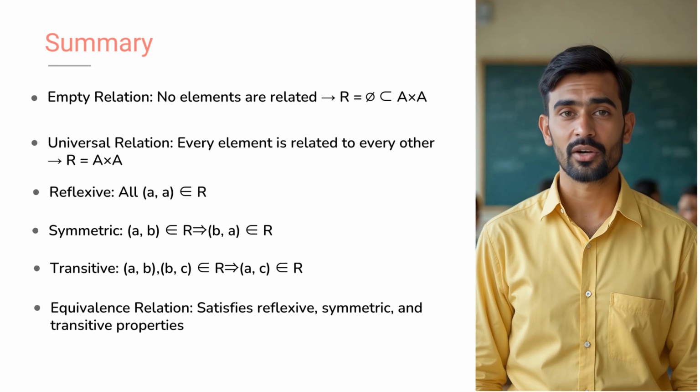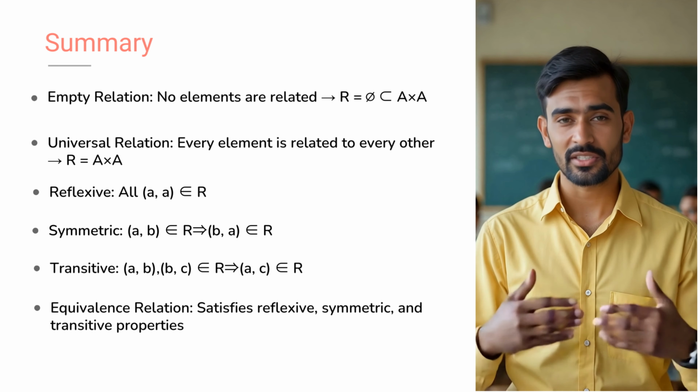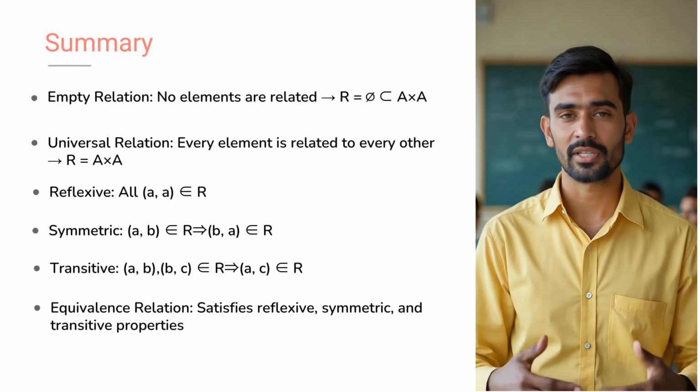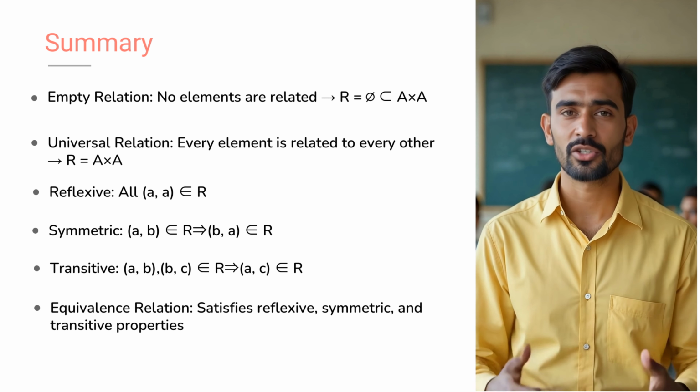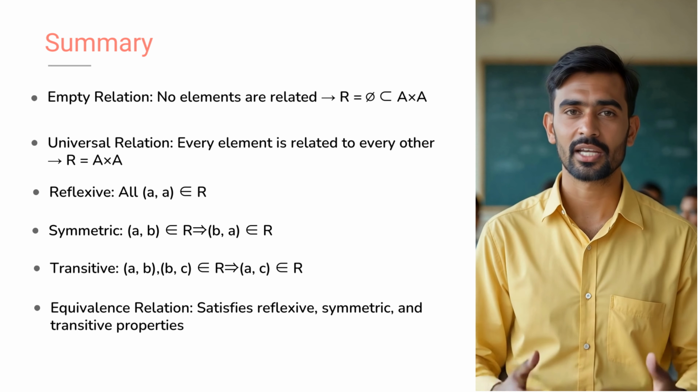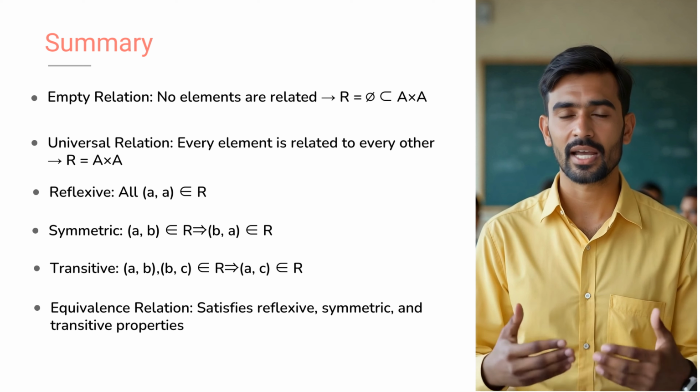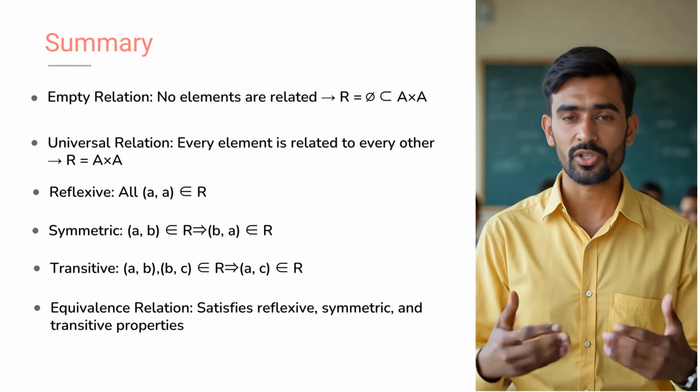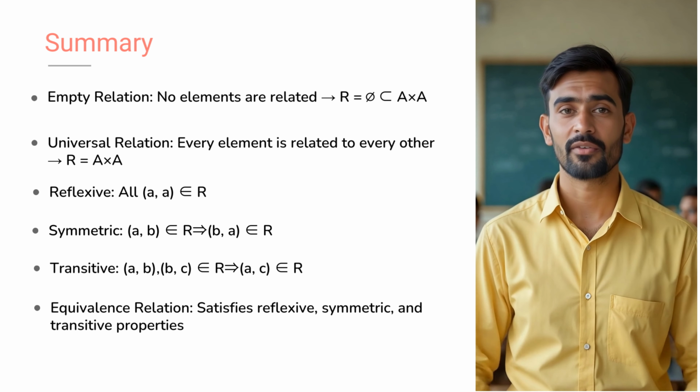Let's wrap up with a quick recap of all the types of relations. A relation is called empty when no element is related to any other. That's R equals phi, a subset of A into A. A universal relation connects every element with every other.